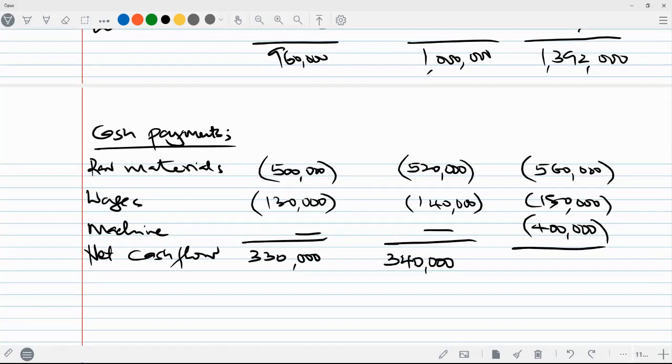In the month of March, 1392 minus the sum of those three, 560 plus 400, that's 960. 960 plus 150 to give us, what do you get? 282.